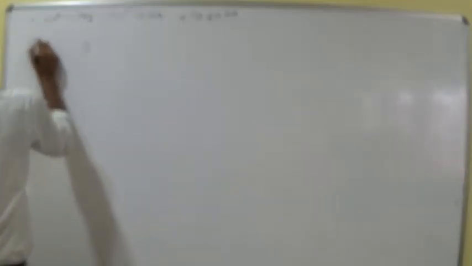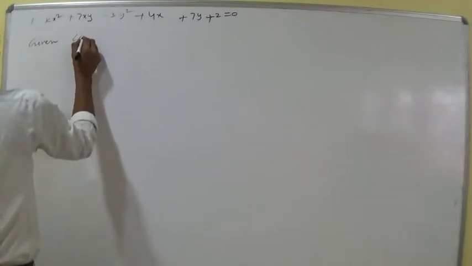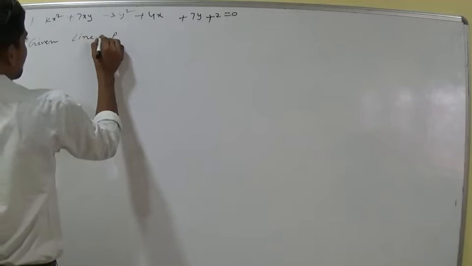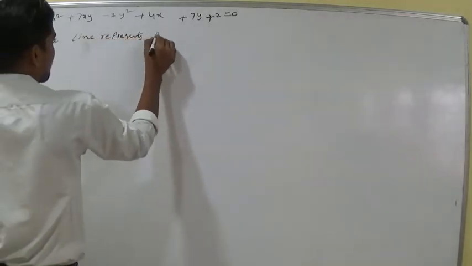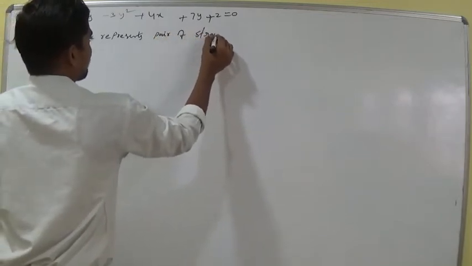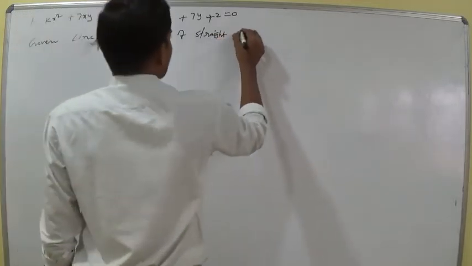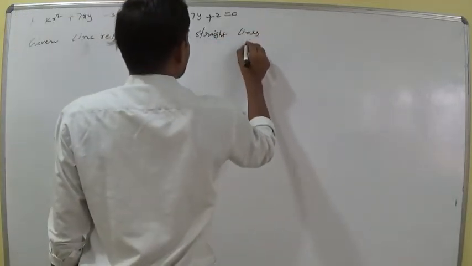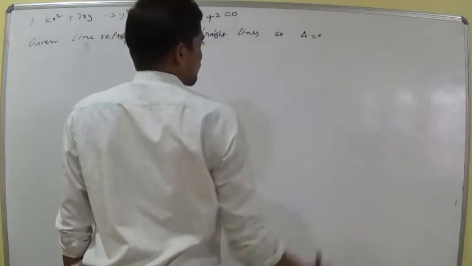Given equation represents a pair of straight lines. So delta equal to 0.